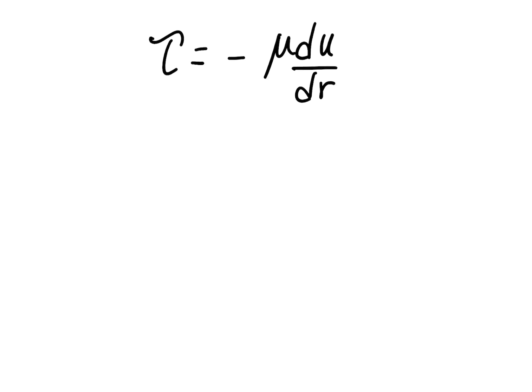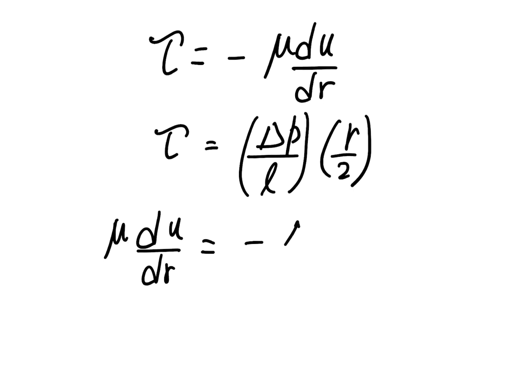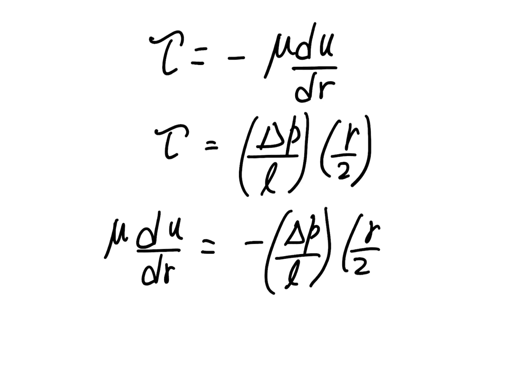We also wrote that tau equals delta p divided by L times r over 2. We can combine these two equations and write mu du by dr equals minus delta p by L times r over 2.